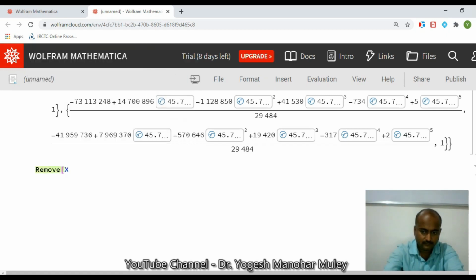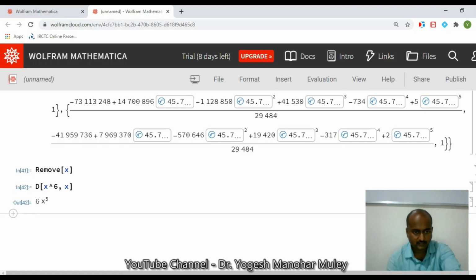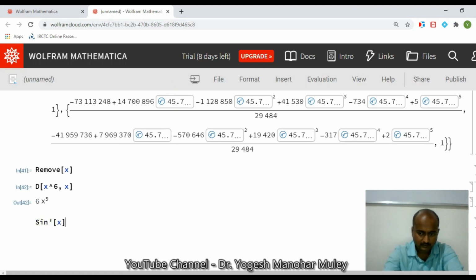This will clear the value of x as well as the variable x. Now I can use for our derivative x raised to 6, comma, x. This will give the derivative of x^6, that is 6x raised to 5. Again, the prime notation on sin x will give us the first derivative of sin x.